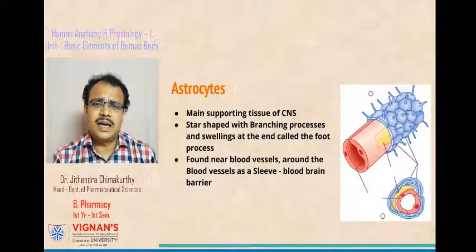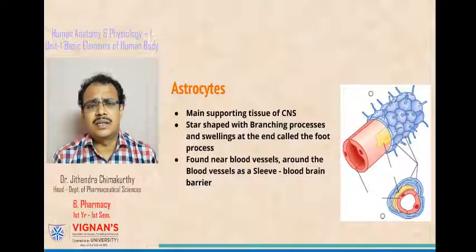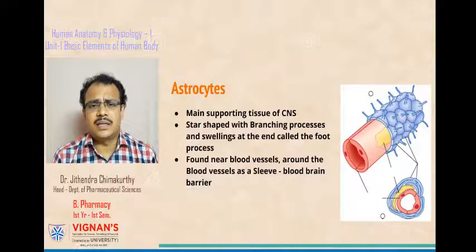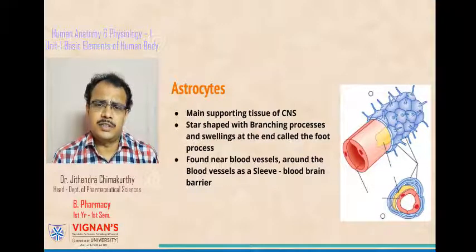Generally, astrocytes are present in large number in the central nervous system, especially around the blood vessels which are supplied to nervous tissue. The foot processes of astrocytes form a layer around the blood capillaries so that the blood supplied to the nervous tissue does not have direct contact with the nervous tissue.